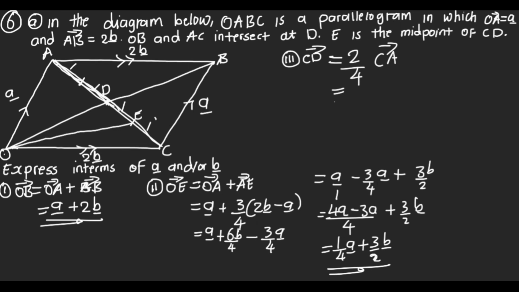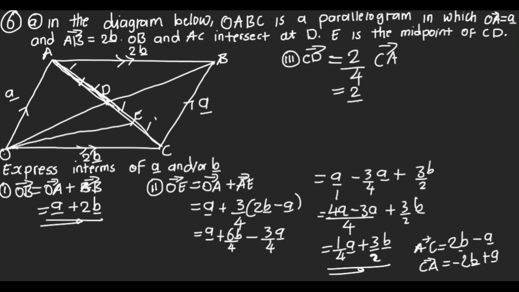Now remember, vector AC gave us 2b minus a. This was vector AC. So now what is CA? CA is like we are changing the direction, so you just change the sign of these two vectors. So we are going to have negative 2b plus a.